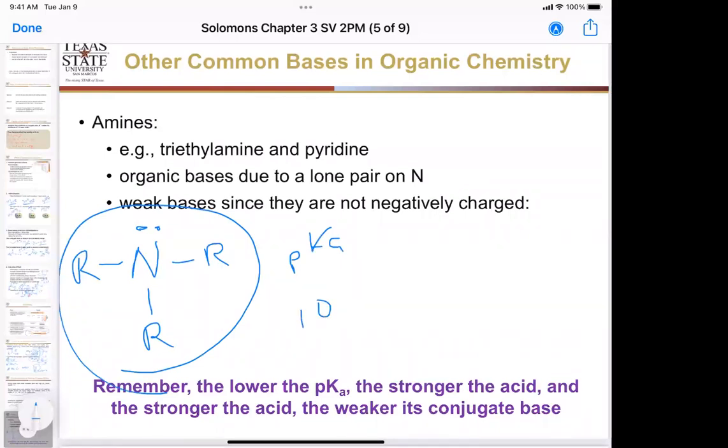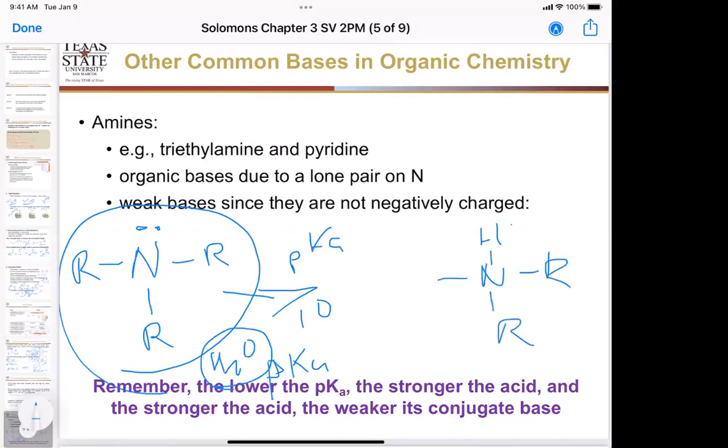So if we reacted this with water, H2O, on this side of the reaction, the water is the acidic one because it has the pKa of 15. On the other side of the reaction, now that we have the nitrogen carrying this hydrogen, the pKa of this conjugate acid is 10.